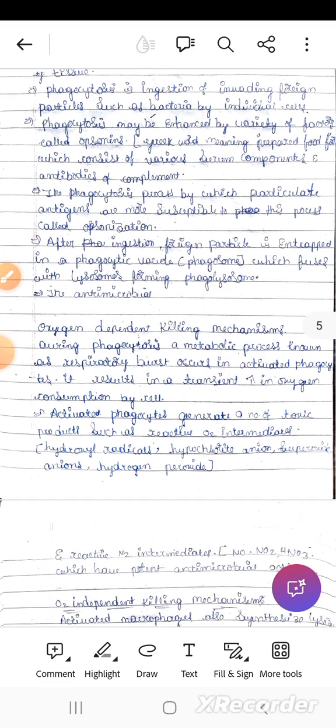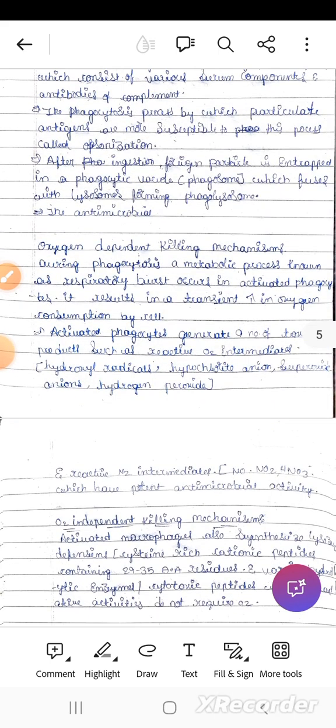After ingestion, the foreign particle is entrapped in a phagocytic vacuole, the phagosome, which fuses with lysosomes forming a phagolysosome. This phagocytosis mechanism is of two types: oxygen dependent killing mechanism and oxygen independent killing mechanism.